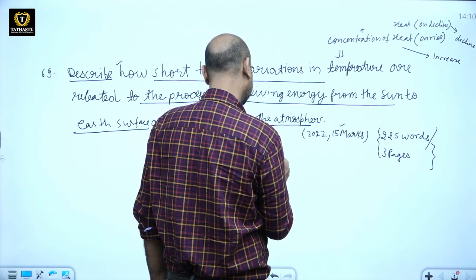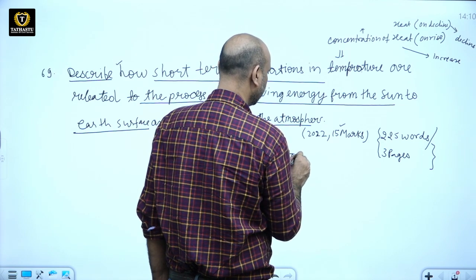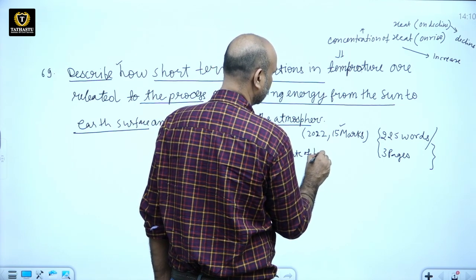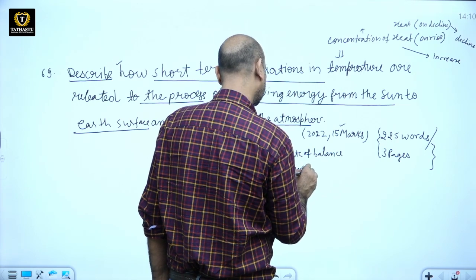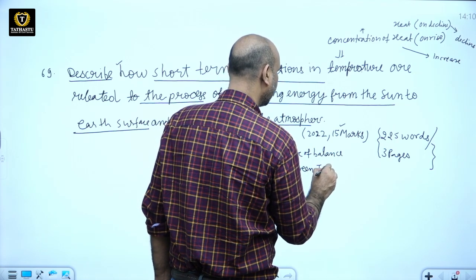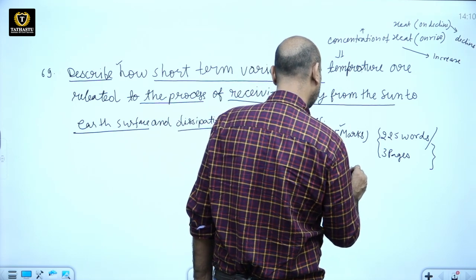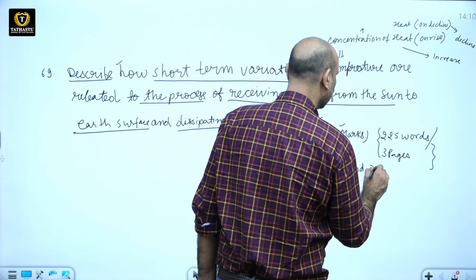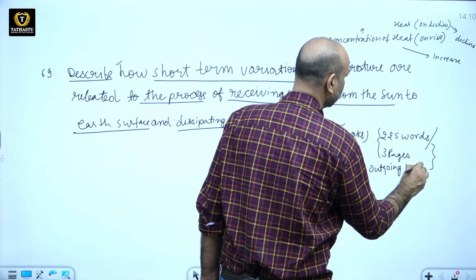Heat is controlled by state of balance between incoming shortwave solar insolation and outgoing long wave terrestrial radiation.